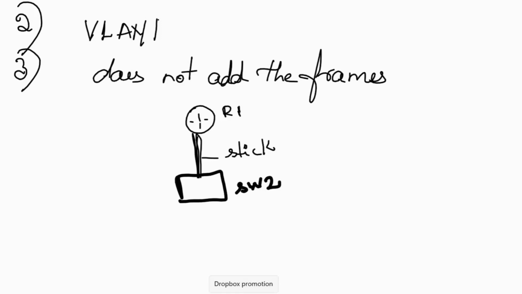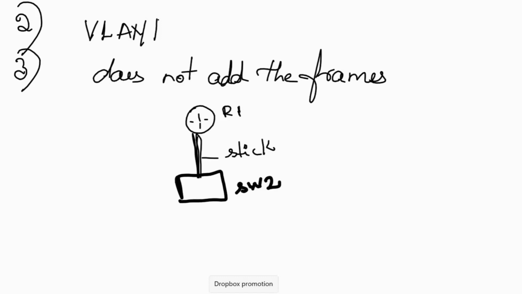The router will behave as if frames arriving with a certain VLAN tag have arrived on the sub-interface configured with that VLAN.